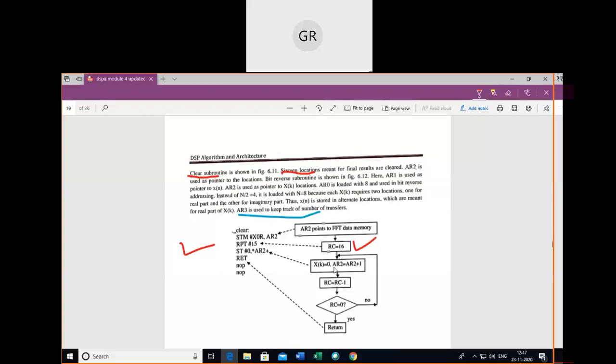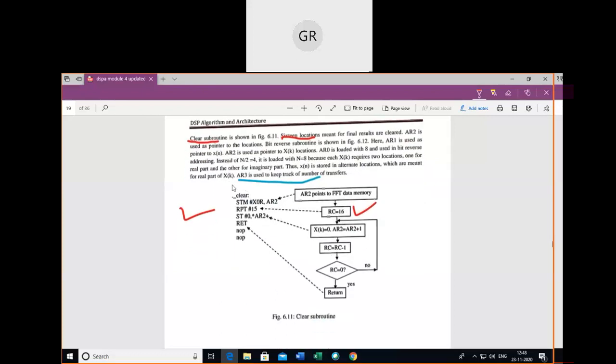Again the next x sub k becomes 0, and up to 16 times the x sub k values, x sub 0, x sub 1, x sub 2, all become 0. Here we initialize all the locations to 0. Whatever value is stored in x sub k is erased; that means we initialize to 0.